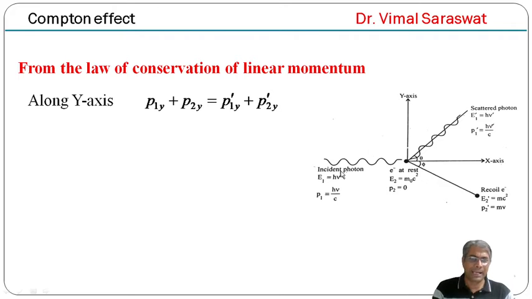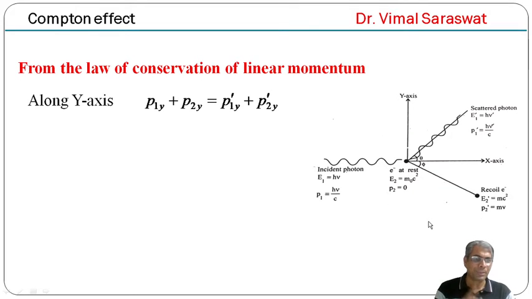Since the incident photon is moving along the x direction, its momentum along the y direction will be 0. So P1y = 0. P2 is already 0, so P2y = 0, and P1y' means the component of P1' along the y direction, so this will be hν'/c sin θ, and P2y' is the component of P2' along the y direction.